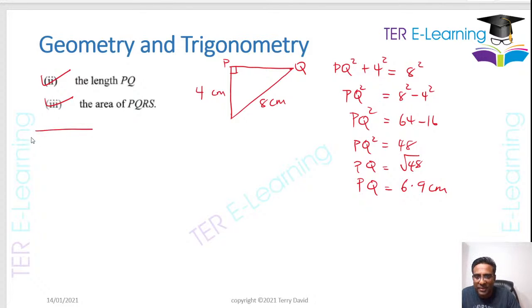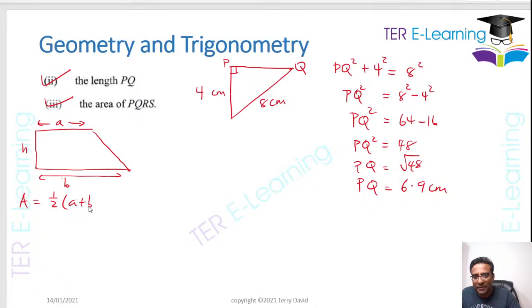So let's just draw over this quickly. Remember, the diagram is actually a trapezium, right? Now the area of a trapezium is given by this. If I know these dimensions of the trapezium, then my area is equal to a half by A plus B multiplied by H. So please, you need to know this.